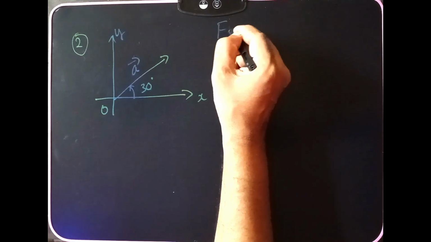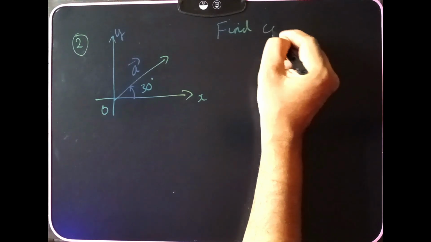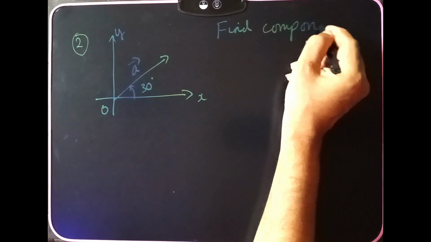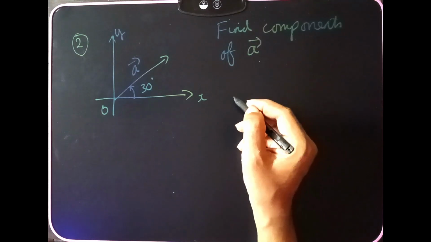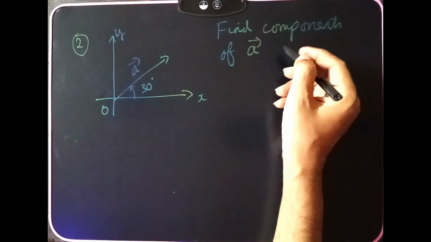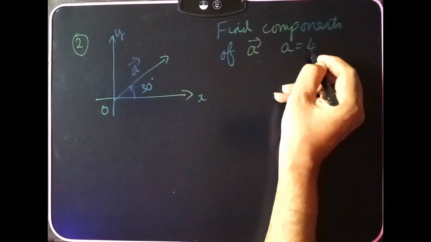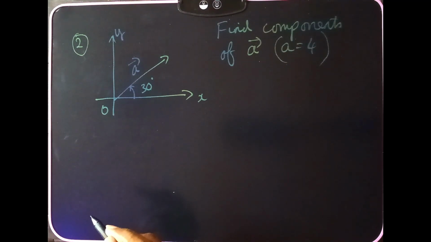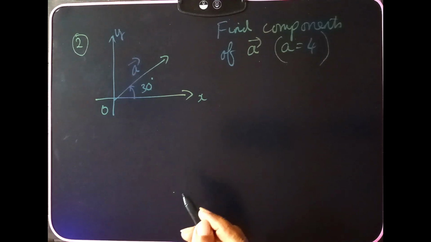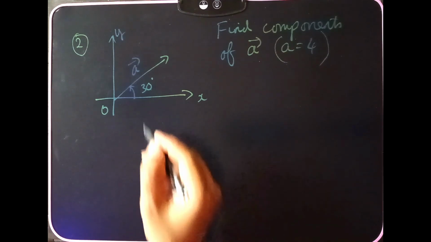It is asking to find components of A vector, and it is given that A is equal to 4. So how do we find the components of A vector?